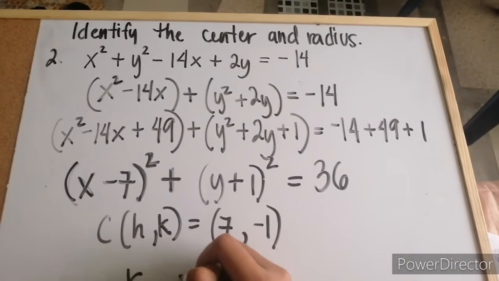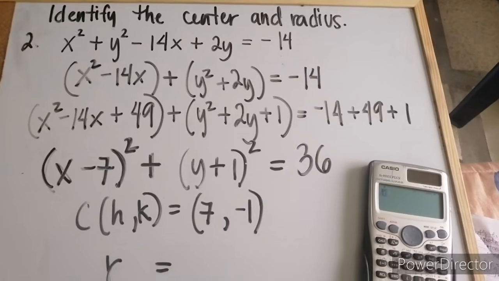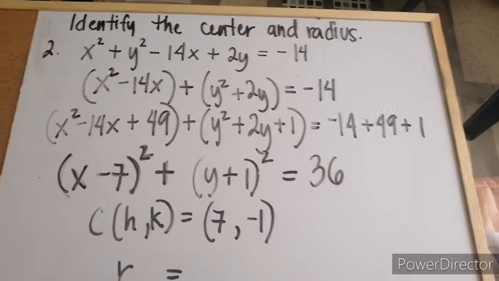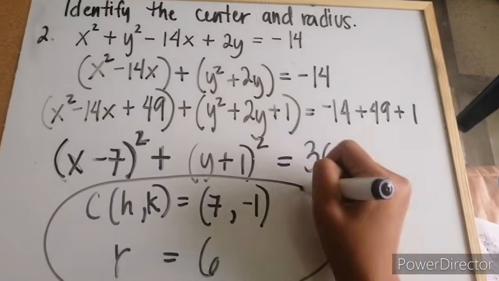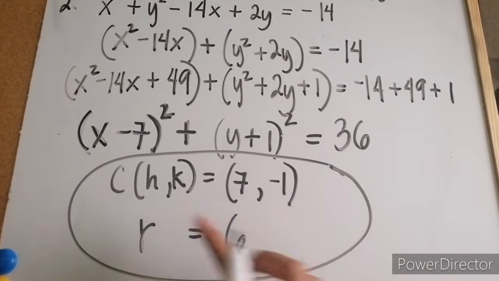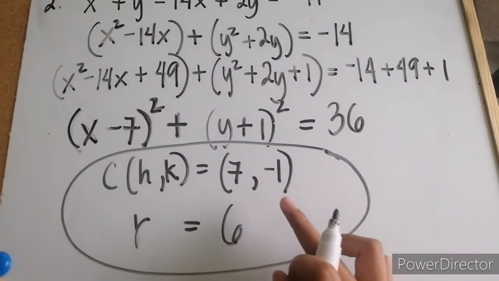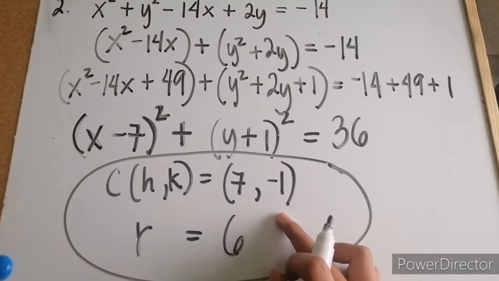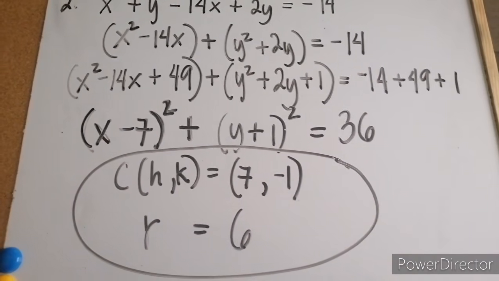Our radius is equal to the square root of 36, we will have 6 as our radius. So this is now our answer. The center of this equation is (7, negative 1), and the radius is equal to 6.